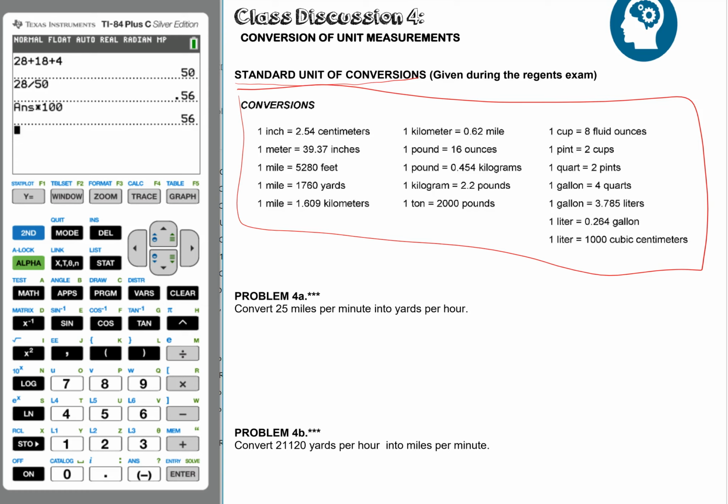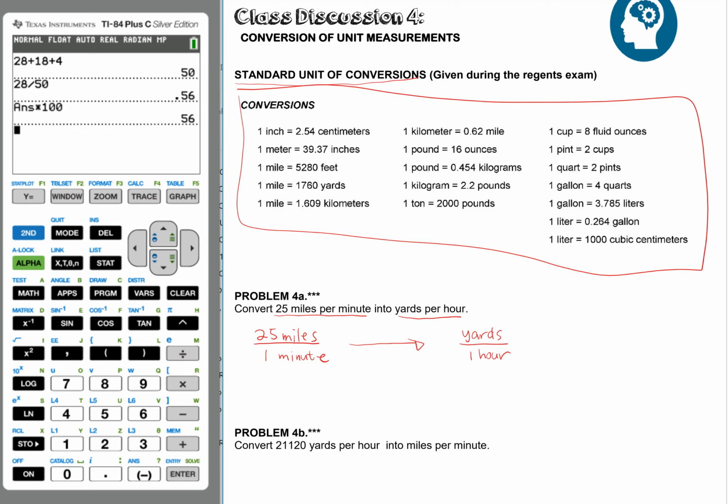So look for a unit of conversion, the standard conversions between miles and yards. When you look at the standard unit of conversions, you see here 1 mile is equivalent to 1,760 yards.